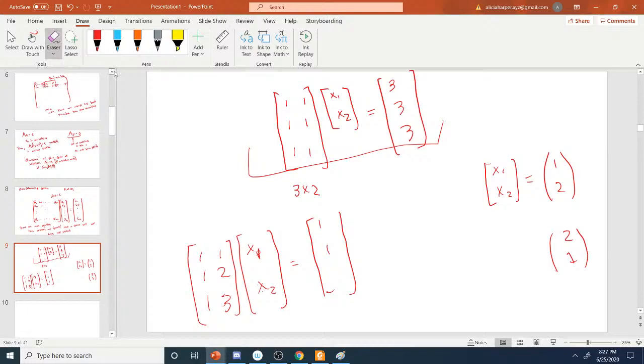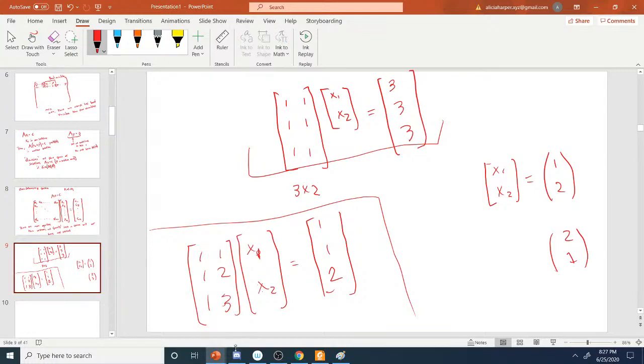But if I change it slightly, put a 2 here, you can check that by putting this matrix together with this vector in a single augmented form and doing row reduction, there are no solutions. And this in fact illustrates what happens very generally with overdetermined systems.